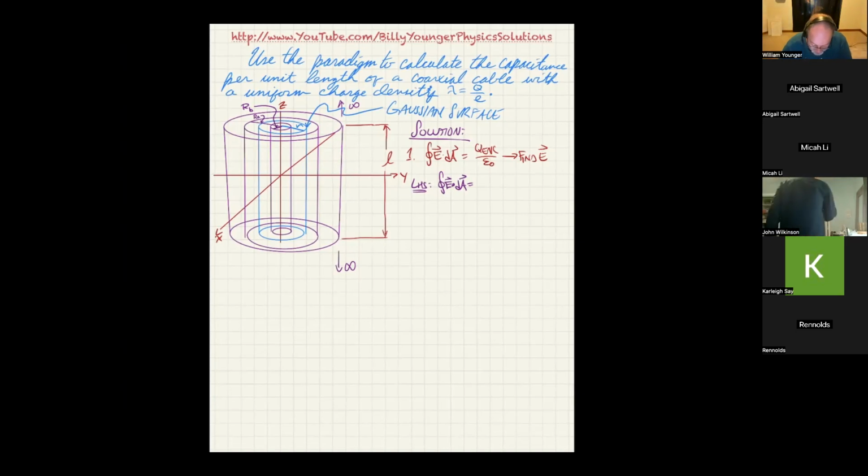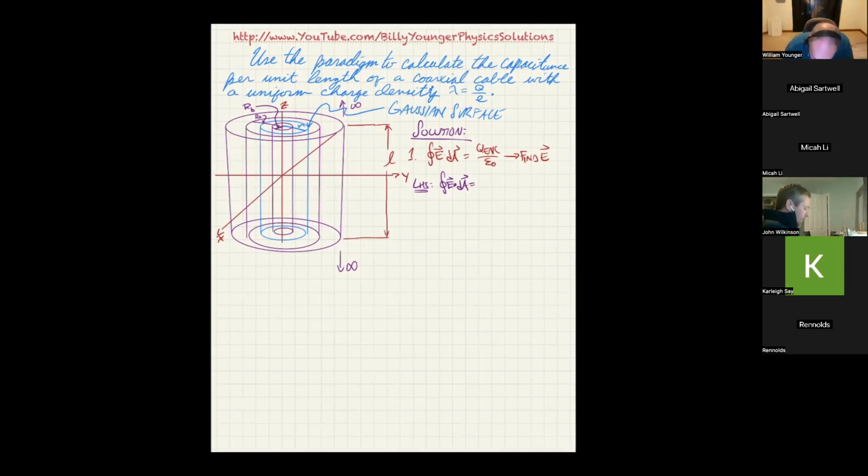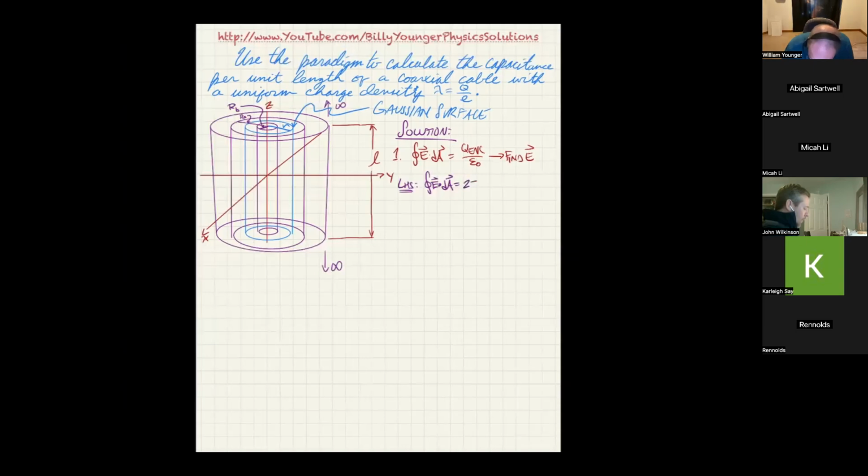So the dot product with the top and the dot product with the bottom are going to give me zero. So all I'm left with is 2 pi r times L times E of R. And that's because my hypothesis was E is equal to E of R R hat with a subscript C, which means cylindrical coordinates.